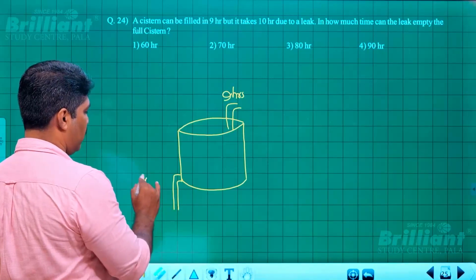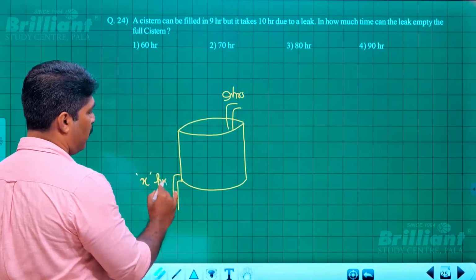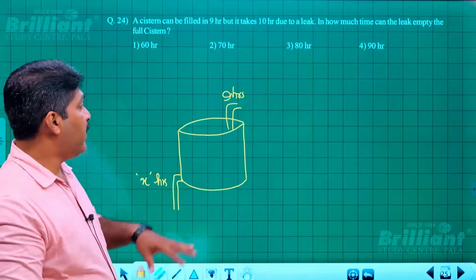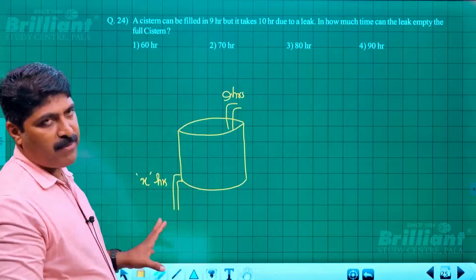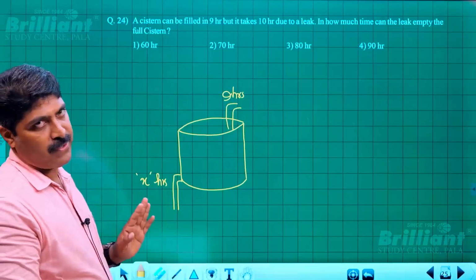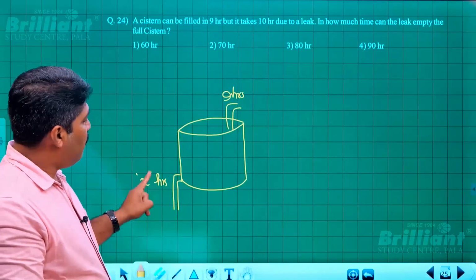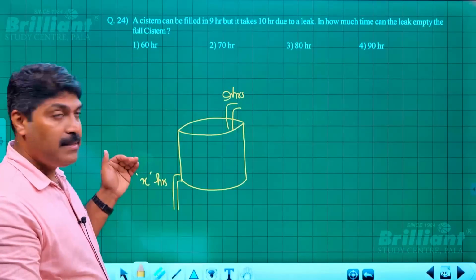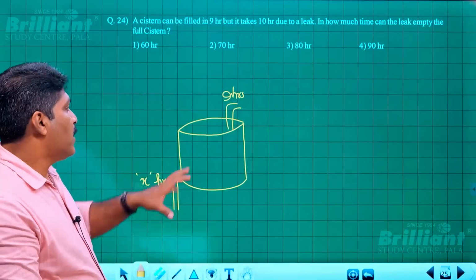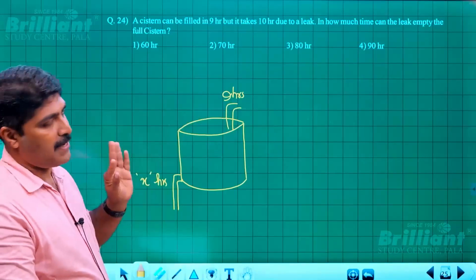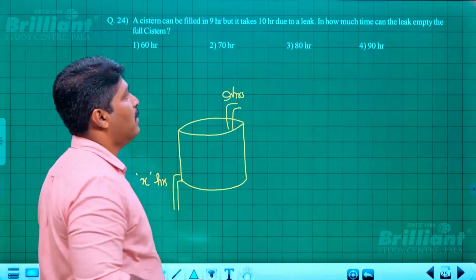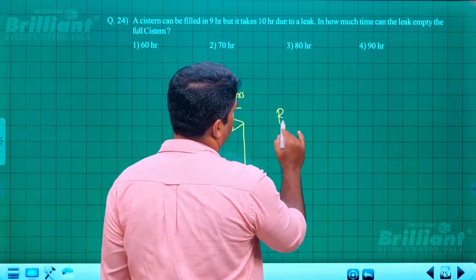Suppose that is x hours. It is given that the entire process will take 10 hours. Then what is the time taken by this leakage alone to empty this tank? In such a situation, the required time we can easily find out.